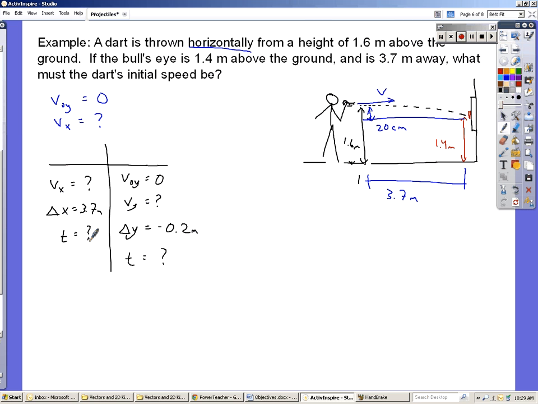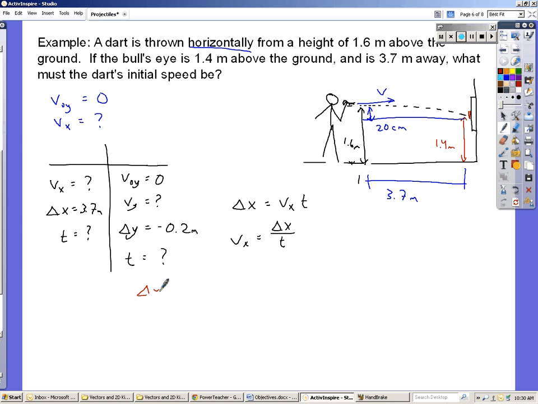Since we're looking for the x component of the velocity, we're going to be using the equation for x, which basically says delta x equals vx times t, or vx equals delta x over t. The problem is we don't know what t is. So what we've got to do is use the y equations to find t. And we're going to use the second kinematic, because we don't know the final velocity in y, and we really don't care about it.